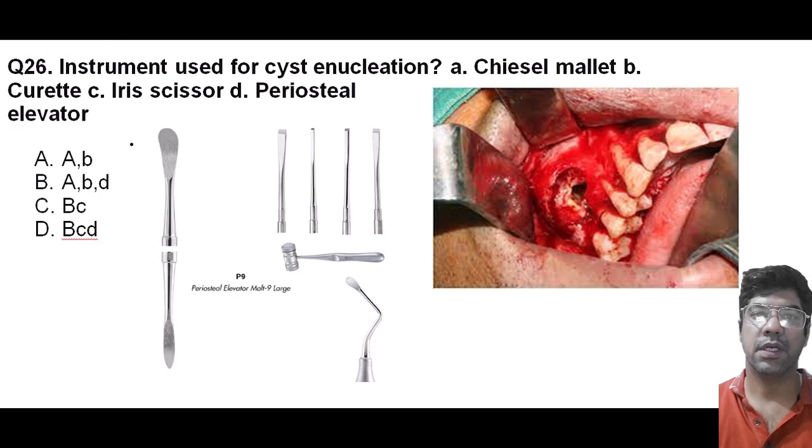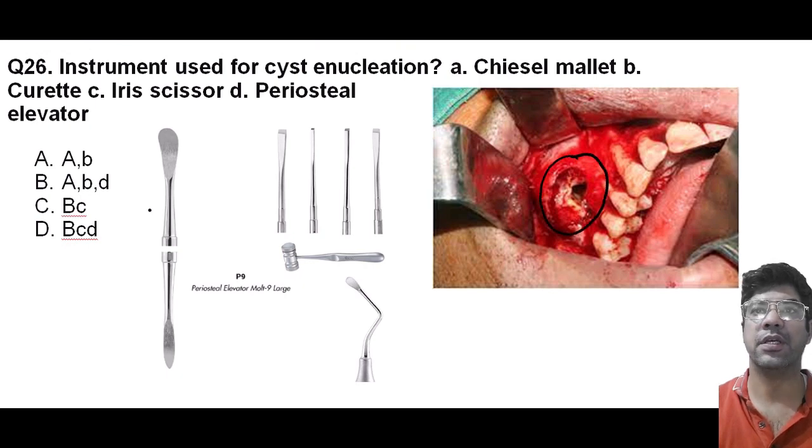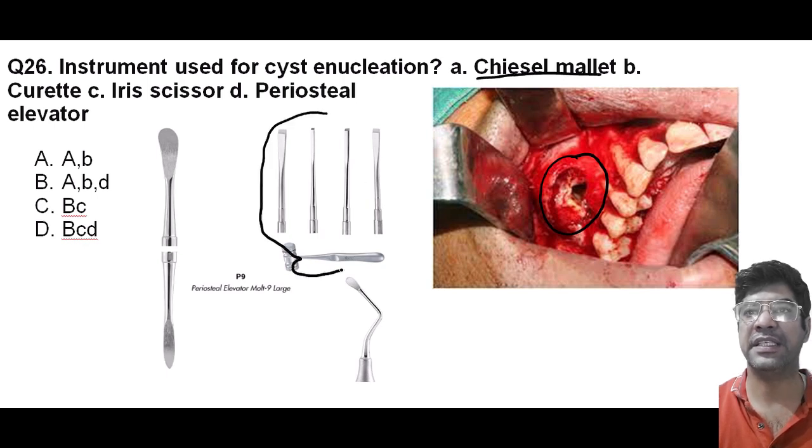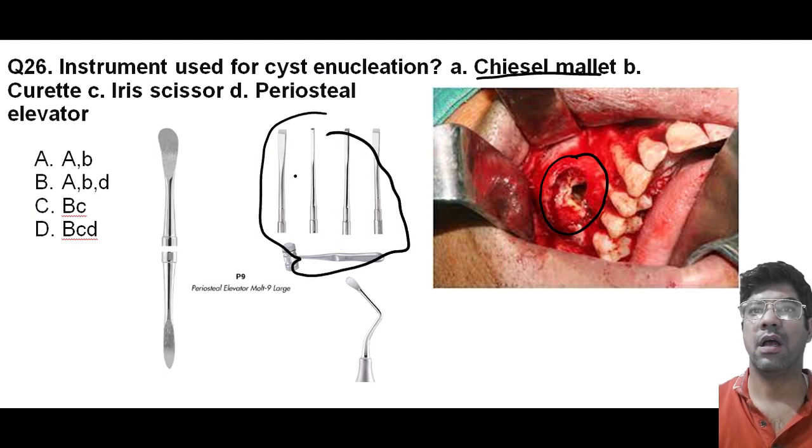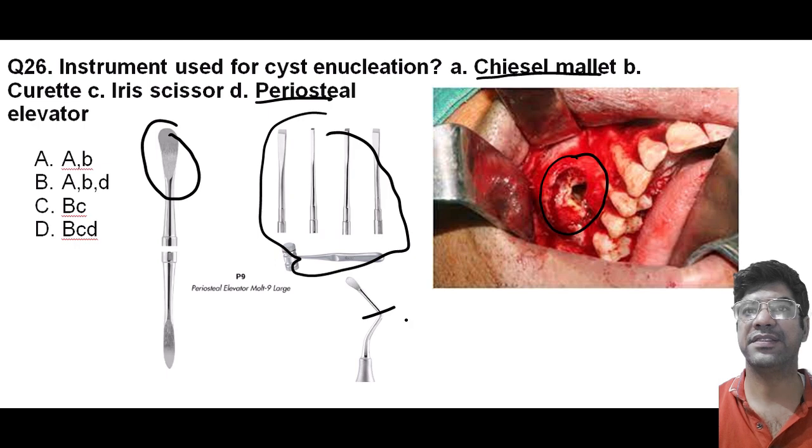Moving to the question: the instruments used for cyst enucleation are, so what are the instruments that we use for cyst enucleation? Option A, chisel and mallet. This is periosteal elevator. This is curette.